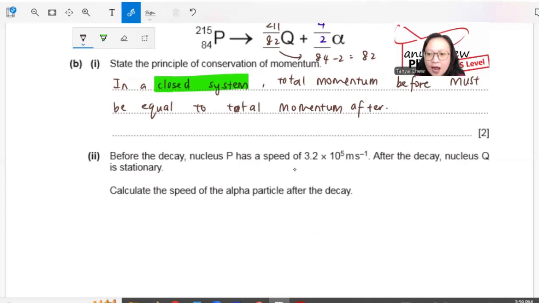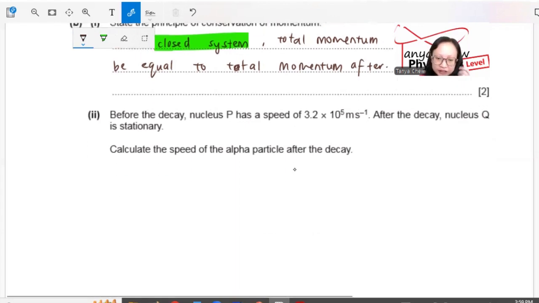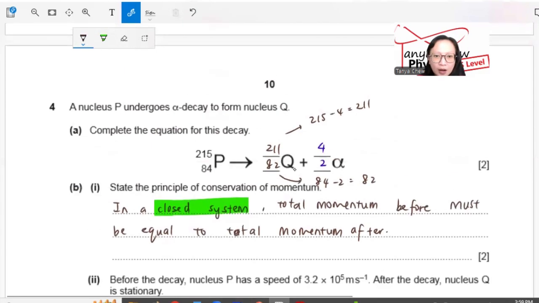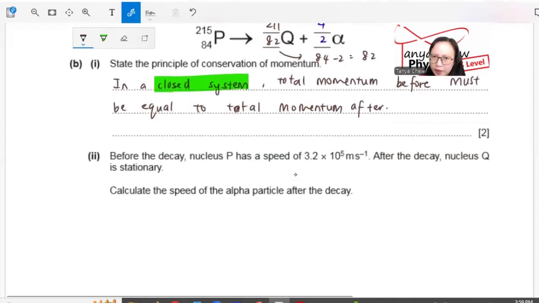Second part, before the decay, nucleus P has a speed of 3.2 times 10 to the power 5 meter per second. After the decay, nucleus Q is stationary. Calculate the speed of alpha particle after the decay. I would say that before decay, P has a speed. I have to look at P first. You should remember the equation of momentum, mU. So before the decay, there's only P here.